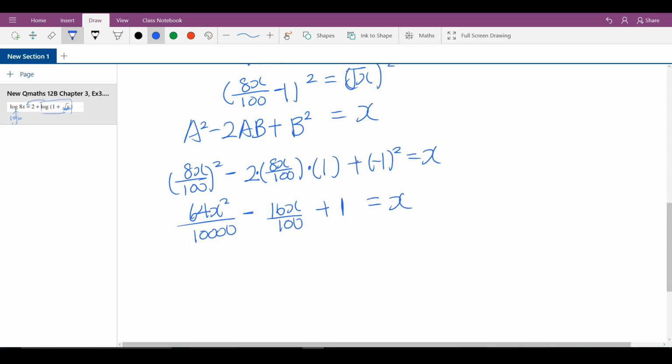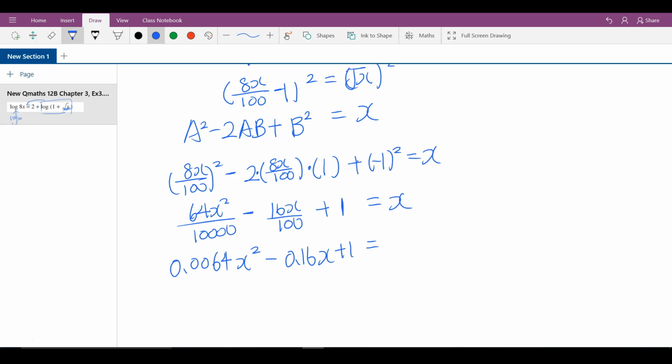Now this looks pretty much like a quadratic to me. So 64 divided by 10,000 gives 0.0064 x squared, minus 16 divided by 100, which is just 0.16, x plus 1 equal to x.